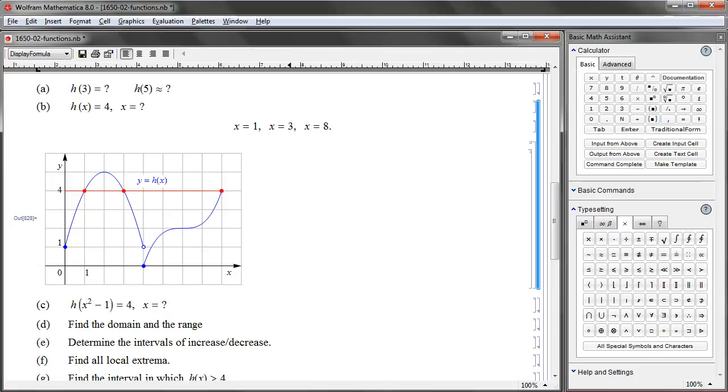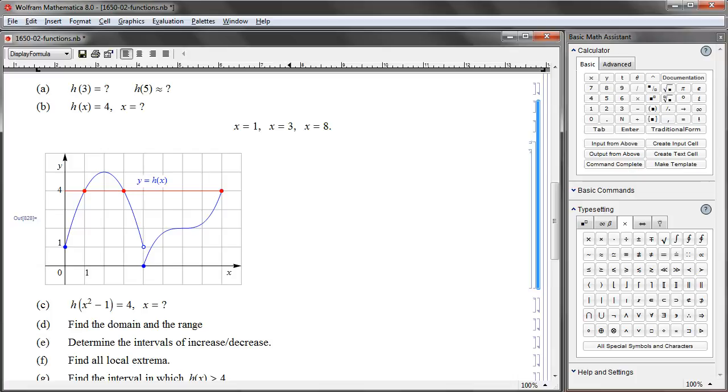So we can have multiple answers, or we may end up with no answer, as a matter of fact. If I gave you h of x equal to 7, for example, that goes out of bounds, so in that case, no answer. If I give you h of x equal to, say, -1, again, no answer.